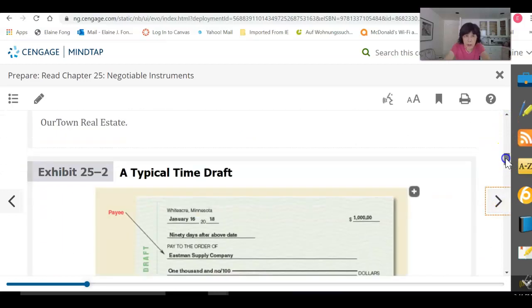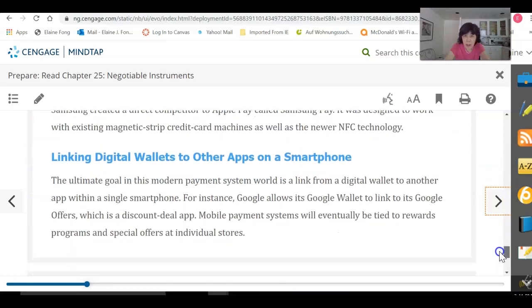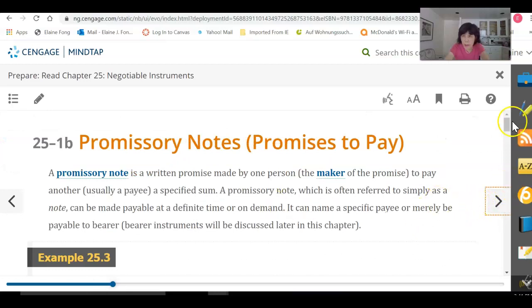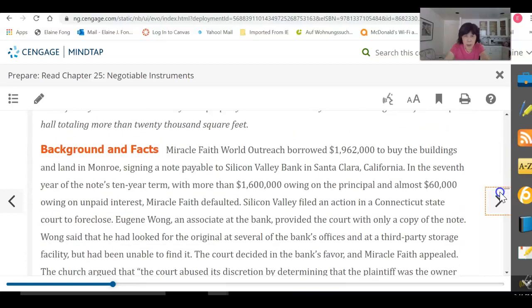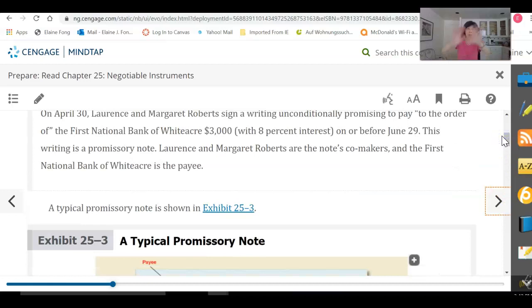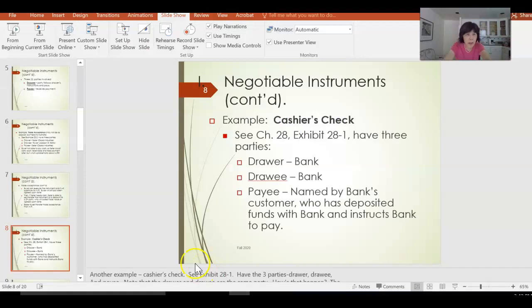Unless my book is a little different than what they put electronically. That's odd. Oh, I'm sorry, class. I thought it would be here, and it doesn't seem like it is. I don't mean to confuse you. I will just do without showing you this, because I can't locate it. So we'll just go back to the PowerPoint, and let me get this back up on the screen for you.